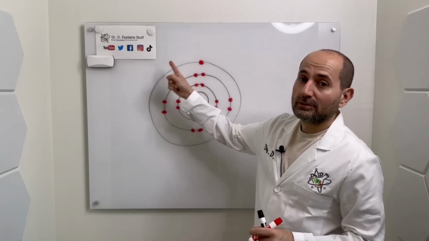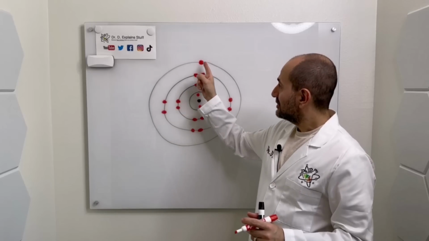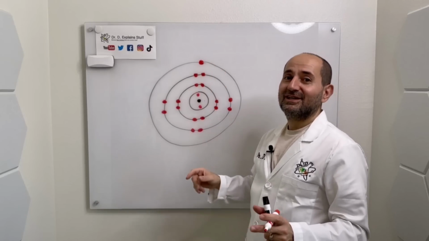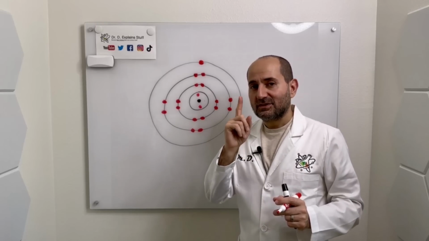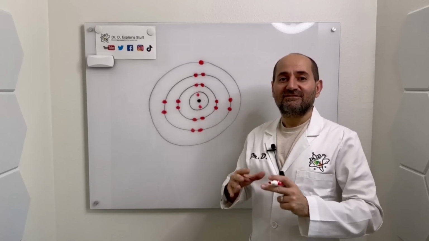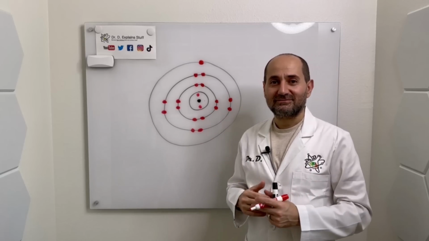Because its outermost shell, its fourth shell, contains one lonely electron. So this atom has one valence electron. So just keep in mind, valence electrons are the outermost shell electrons.